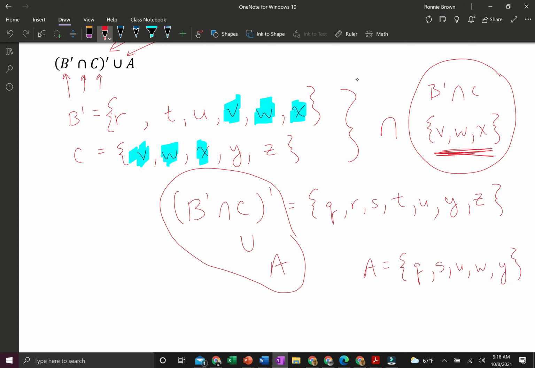Well, what does union mean? Union means we put them all together. The elements in both sets are what we're looking for.